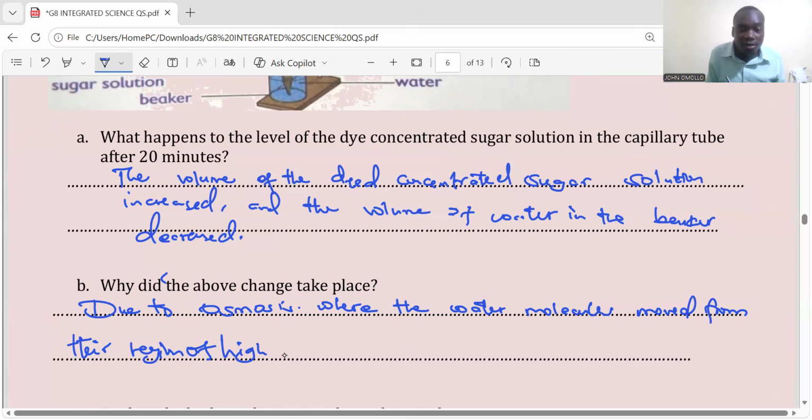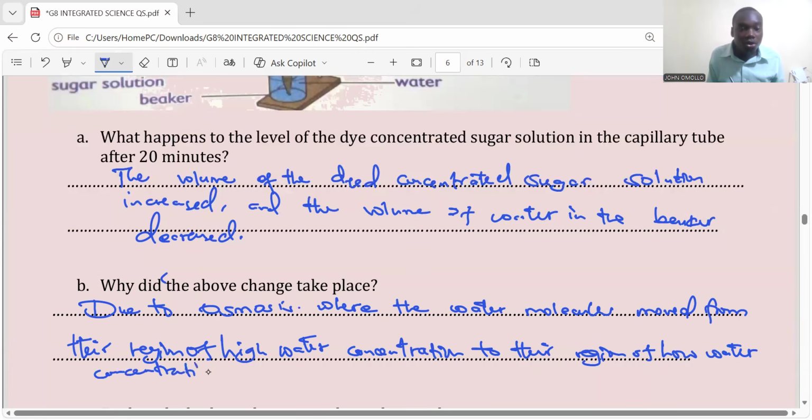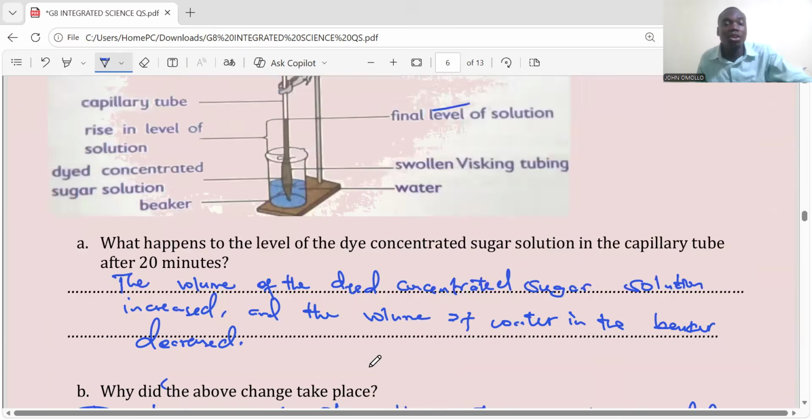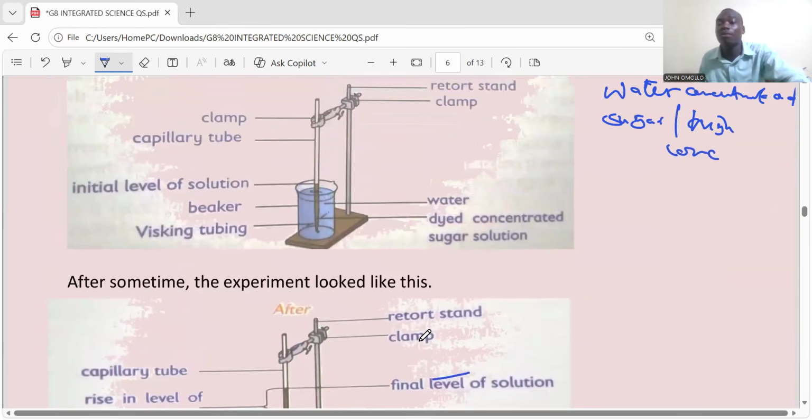To region of high water concentration, to their region of low water concentration. So you can easily see that the initial beaker had a lot of water. So that is high water concentration.